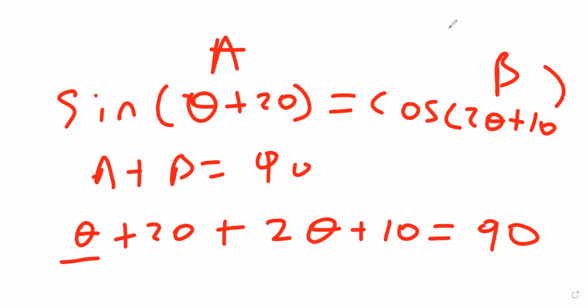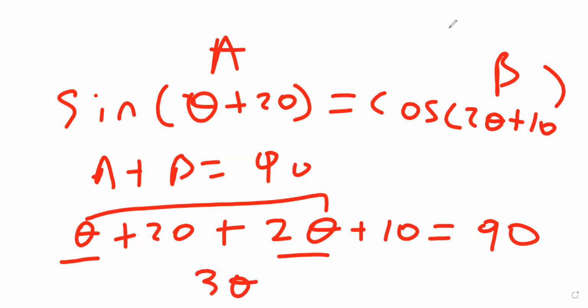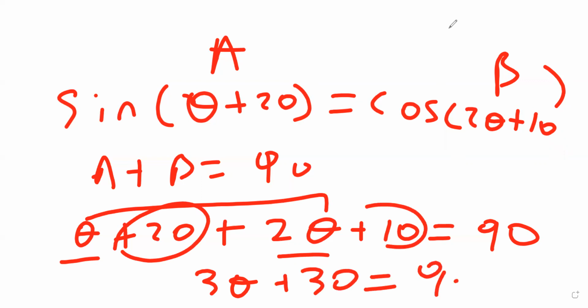So we group the like terms: 1 theta plus 2 thetas gives us 3 thetas, and 20 plus 10 gives us 30. We equate this to 90, and subtract 30 on both sides.